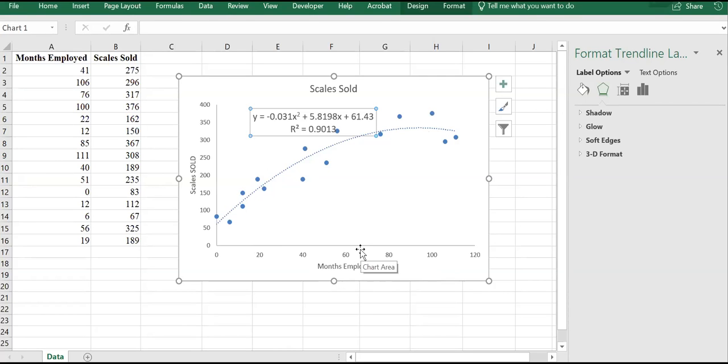There is a best range for which you get the maximum sales. As the months employed increases and increases, you should expect that these sales go down a little bit, which means that there is a best range of X in terms of the maximum Y, right?